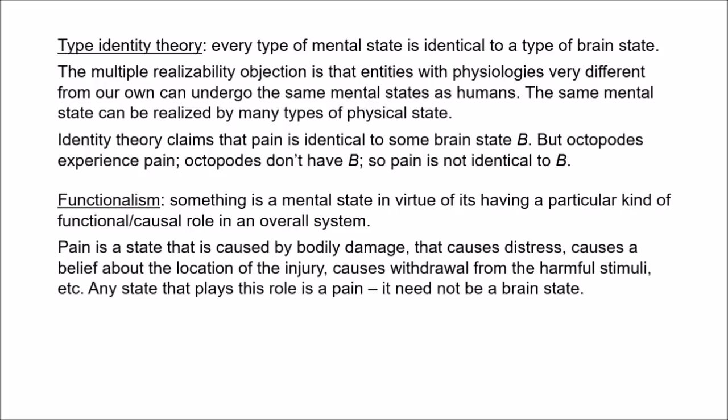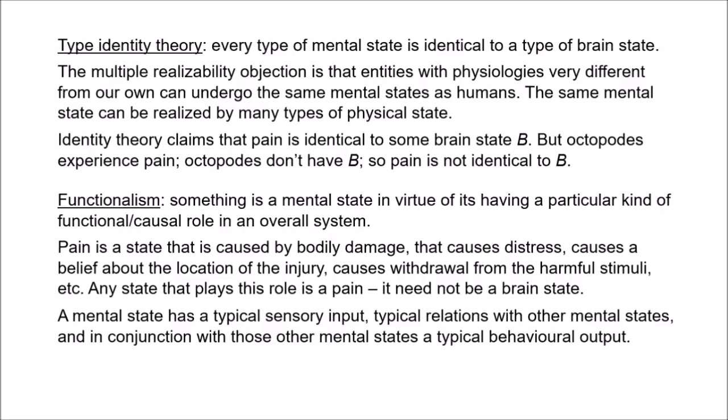For instance, pain is a state that is caused by bodily damage, and that causes distress, and that causes, say, a belief about the location of the bodily damage, and that causes withdrawal from the harmful stimuli. So pain is a state that has a particular type of sensory input, particular relations with other mental states, and in conjunction with those other mental states, a particular type of behavioural output.